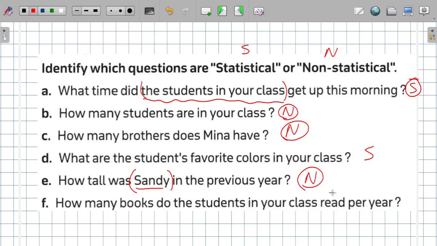I think it is a statistical question. But why? Because I asked many students in my class about how many books, and I will get many different answers. So I have three non-statistical questions and three statistical questions.